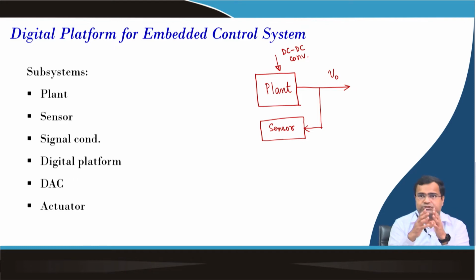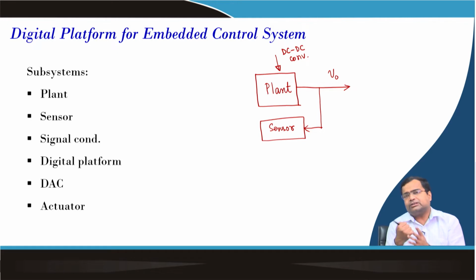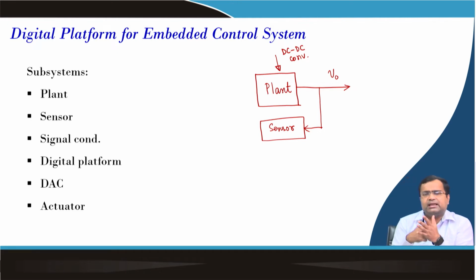That means, we need to do step down, because it has to be mapped with the span of the ADC. So, this sensor, in case of DC-DC converter, typically has a resistive divider, so that you can step down the voltage, so that you can comfortably take into the analog voltage span. Secondly, you may have to put some impedance matching network, so that the ADC will not be loaded.